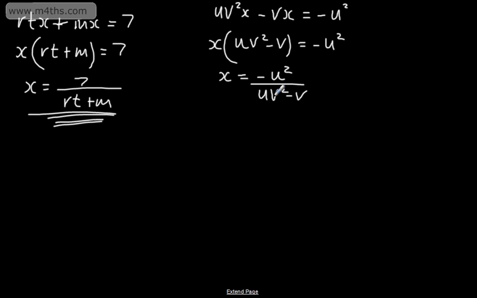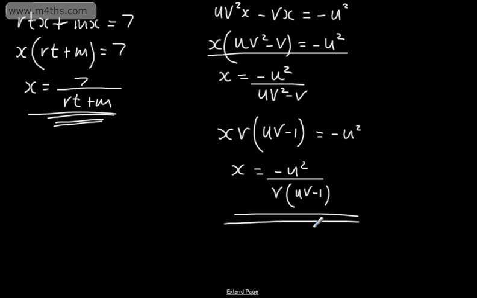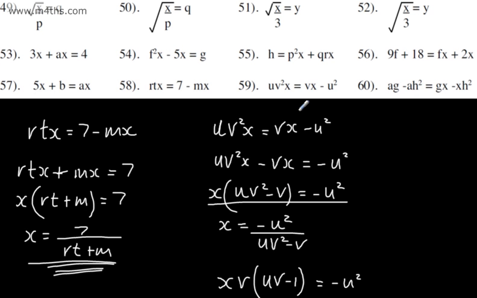Ultimately that's just a case of tidying this up, but we could have written at this stage, if we wanted, x v, because v is also common, u multiplied by v minus 1 is equal now to the negative u squared, and I could divide now so we've got the negative u squared divided by v multiplied by uv minus 1. That is another alternative. Again, it's just tidying this up very slightly.